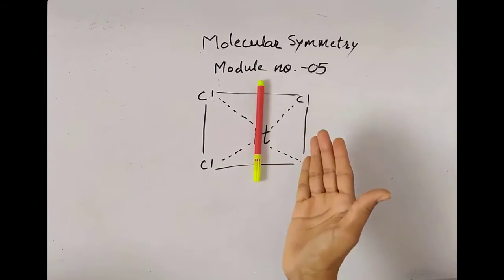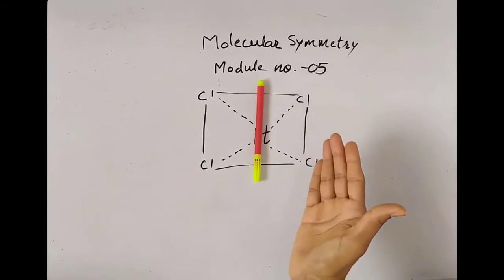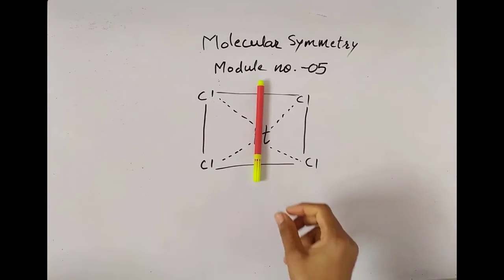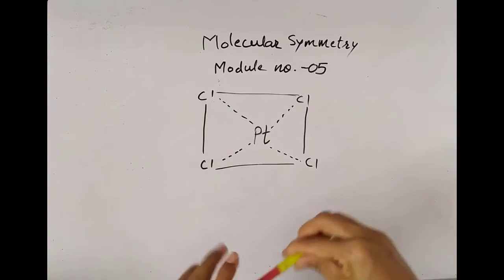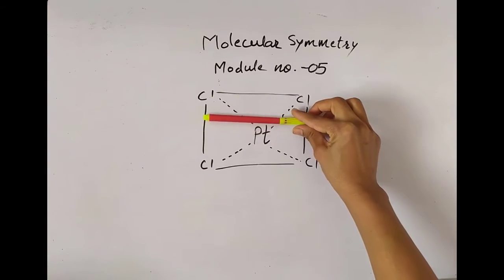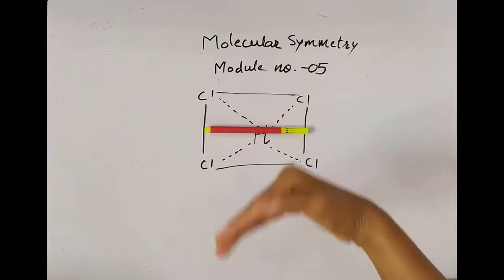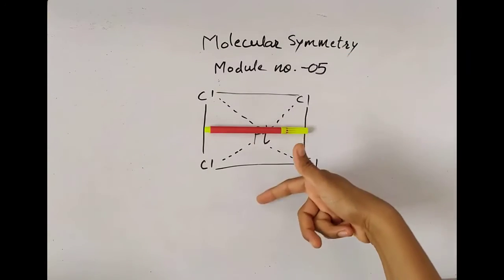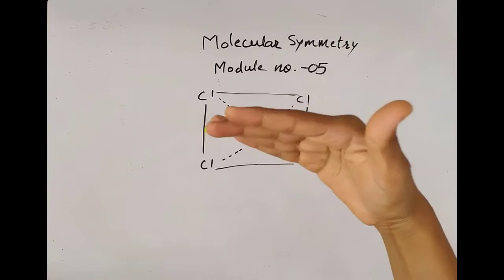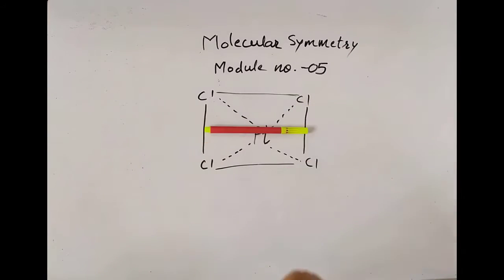The same reflection you are getting on either side of the molecule. Second way, I can pass the plane like this. Are you getting the same reflection on either side of the plane? Yes, so we can pass the plane in this way also.